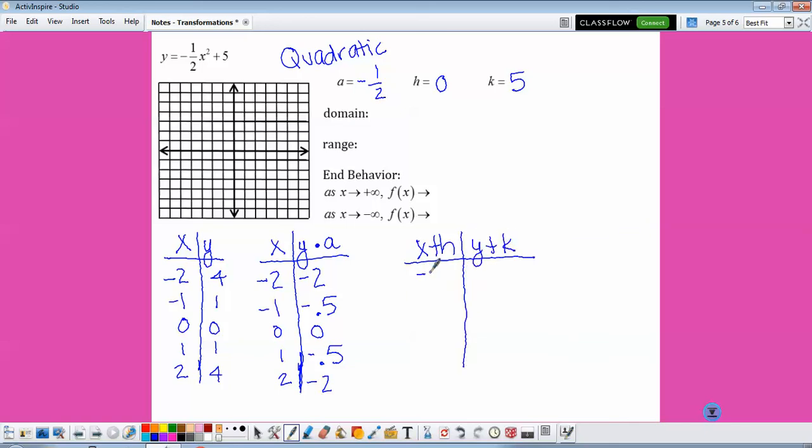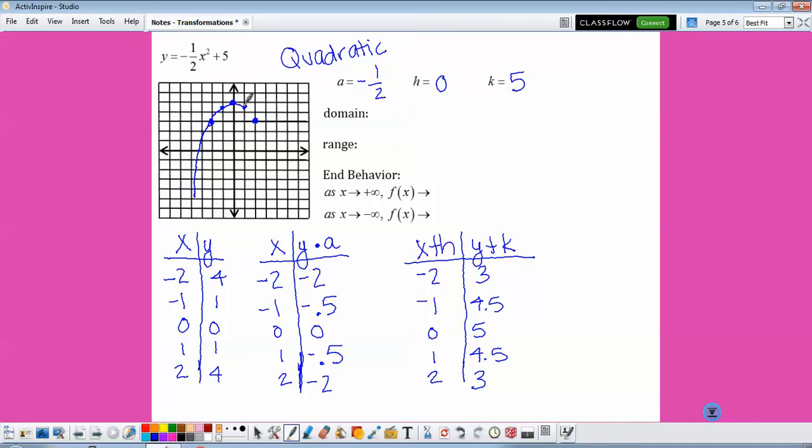So h is 0, so our x's don't change. We're going to add 5 to our y's, which will give us 3, 4.5, 5, 4.5, and 3. So -2, 3, -1, 4.5, 0, 5, 1, 4.5, and 2, 3.